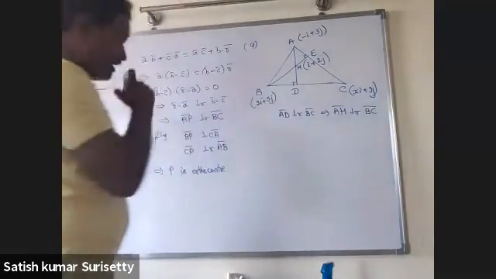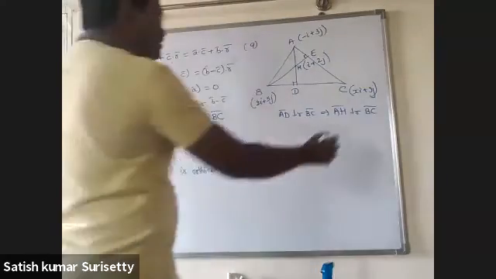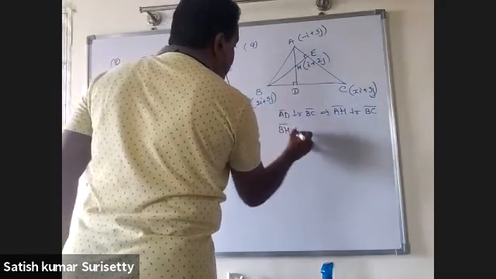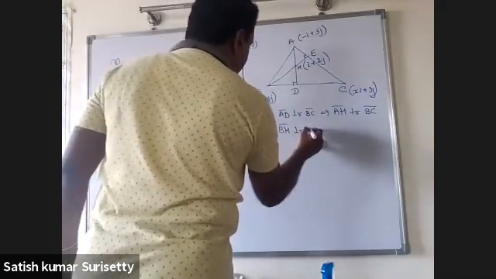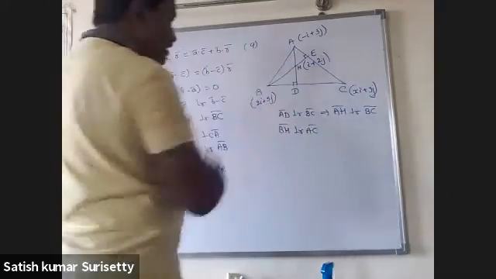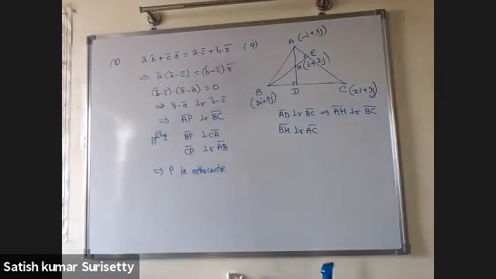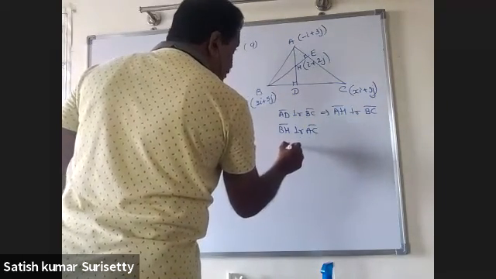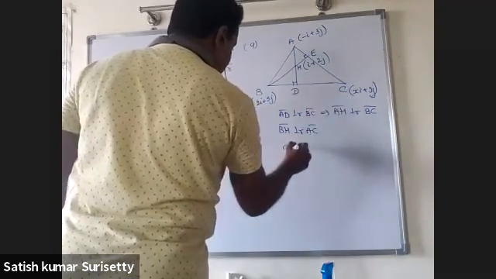Then you will get one condition between x and y. In the same manner, BH bar is perpendicular to AC bar. Then you will get one more condition between x and y and solve for x and y. Then you will get the third vertex C.